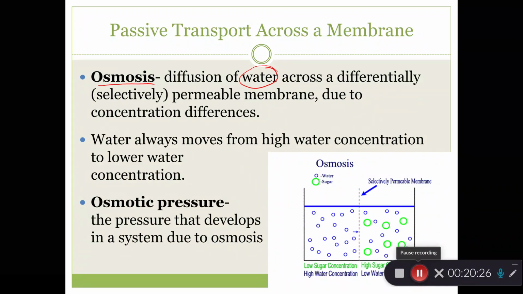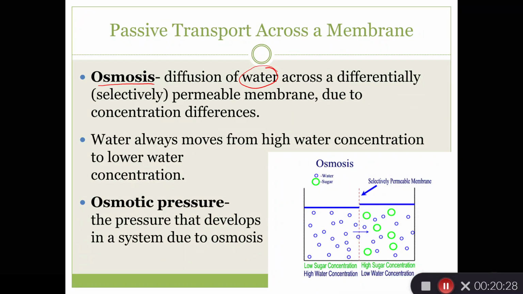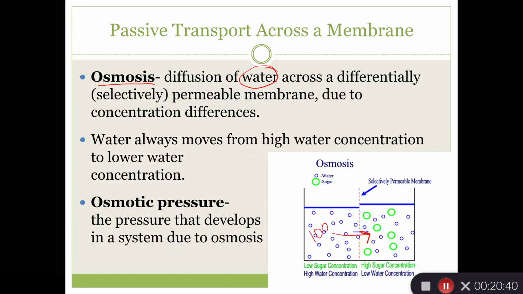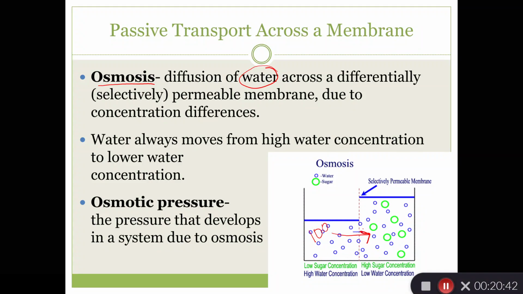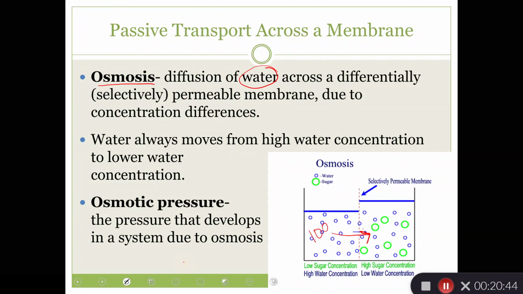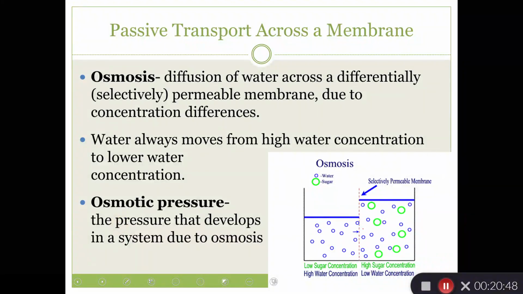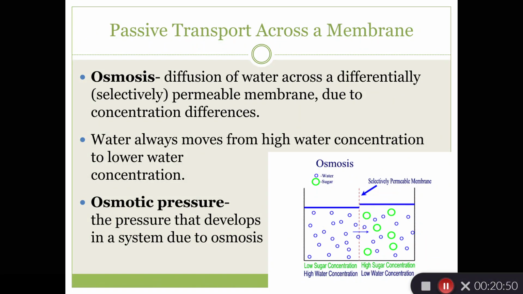You can see that the sugar is not moving, but the water moves. Over here is like 100% water, and it's going to move over until it reaches equilibrium. So, water from high to low, no energy.